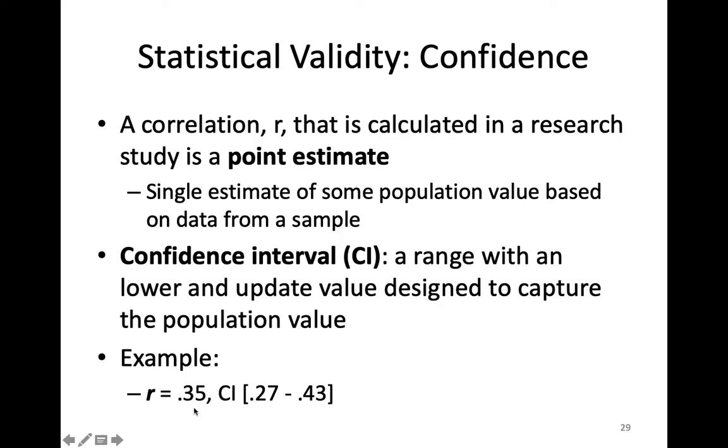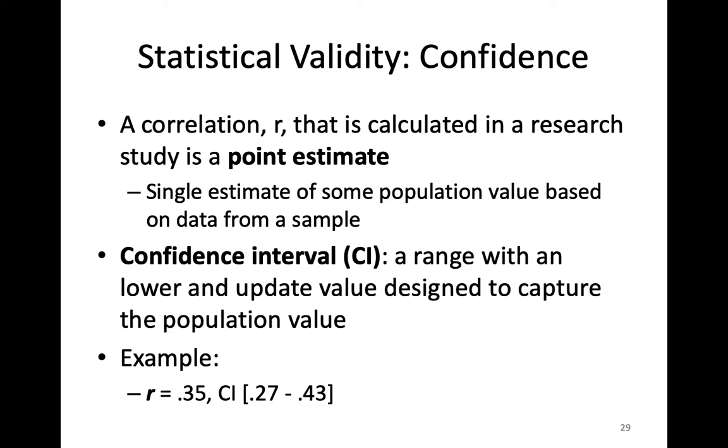So for example, we might find in our research study that two variables are correlated at 0.35. So kind of a medium-ish effect. But there's a confidence interval around that point estimate such that the true value of the association between those two variables in the population could be as small as 0.27 or as large as 0.43.